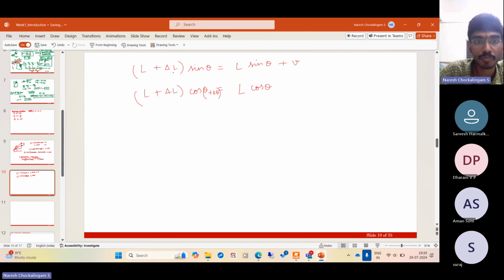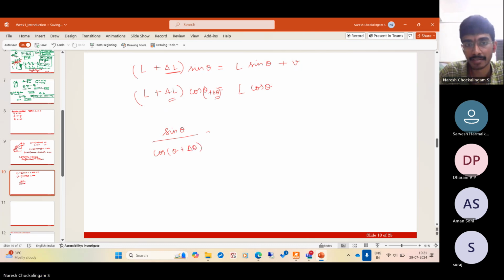Now we have two things, delta L and delta theta. Both are not independent, they are related. So let us get rid of delta L. Just divide these two. You can divide this by this. So you get sine theta by cos of theta plus delta theta is equal to this thing.